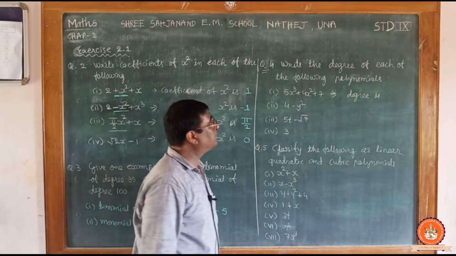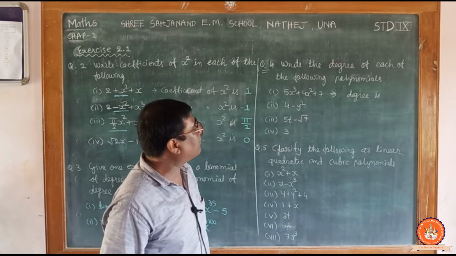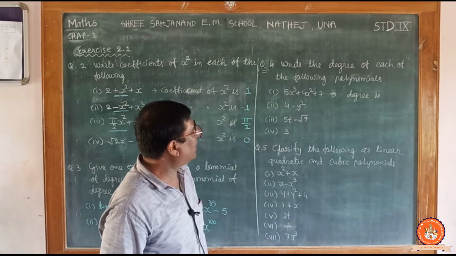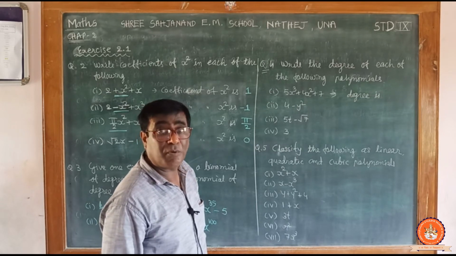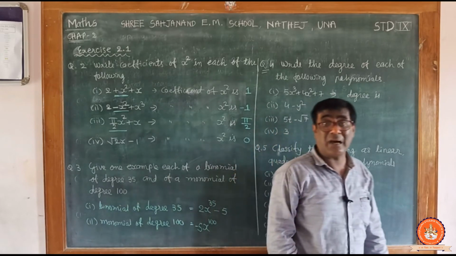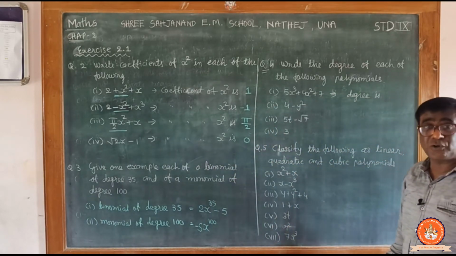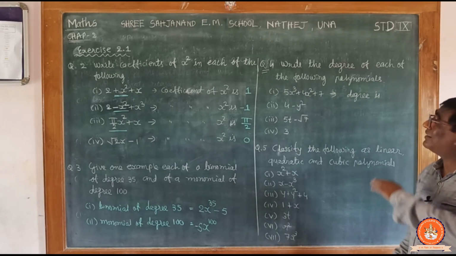Question number 4. What is the degree of each of the following polynomials? Look at it. How is the degree of a polynomial determined? It is determined by the highest exponent of the variable in each term.